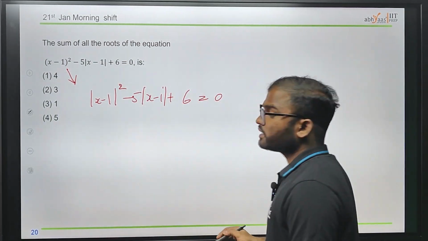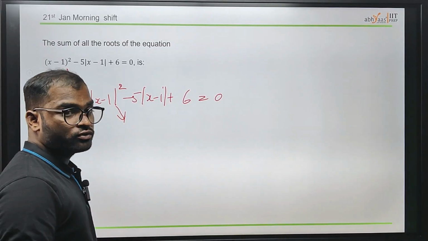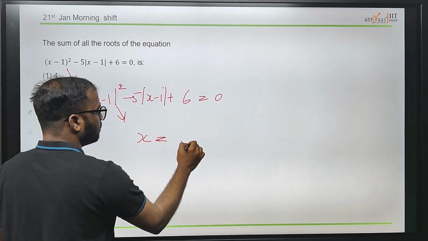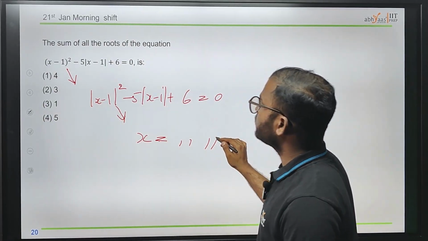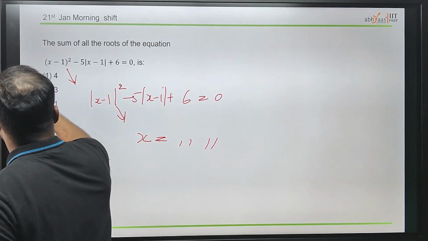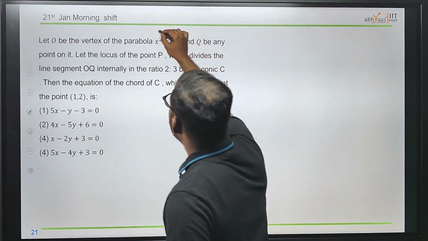Okay, from here onwards you can easily find, but since we have mod, we may get 4 x values. From this we will get 4 x values. The sum of all roots will be our answer from this question.